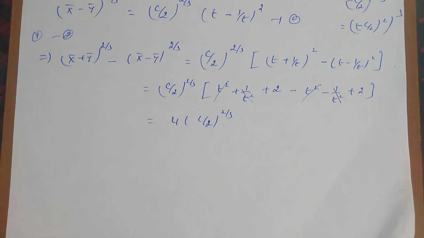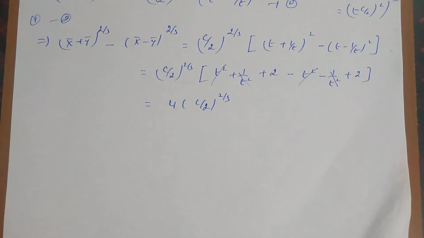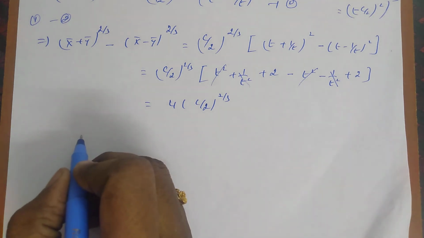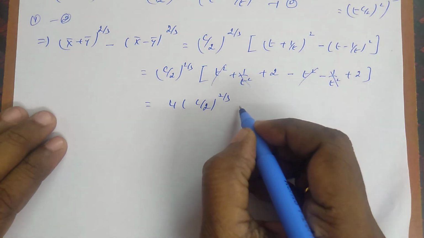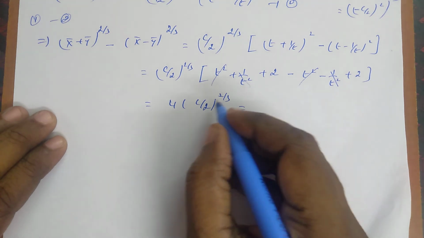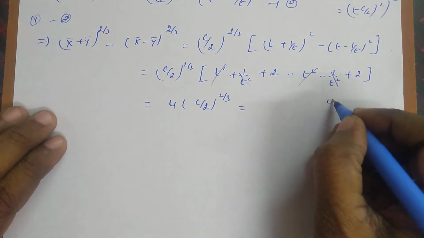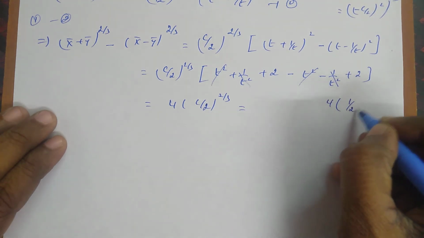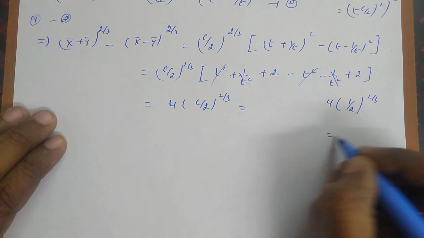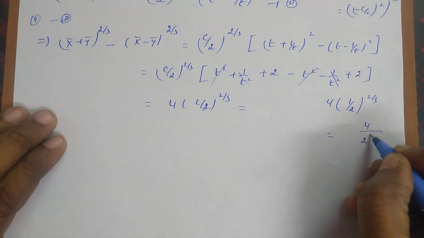Now look at the question. In the question we have 4c power 2 by 3. So x bar plus y bar minus x bar minus y bar equals 4 into 1 by 2 whole power 2 by 3. That means 4 by 2 power 2 by 3.